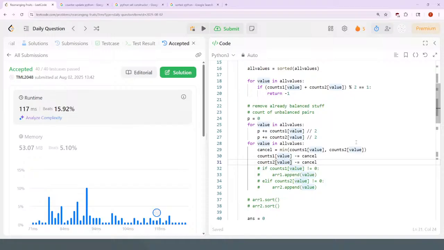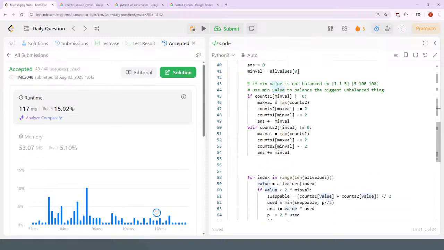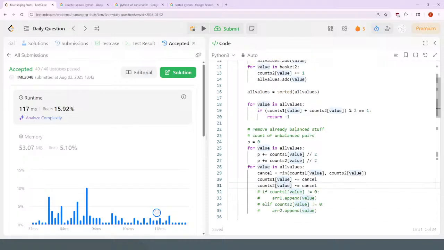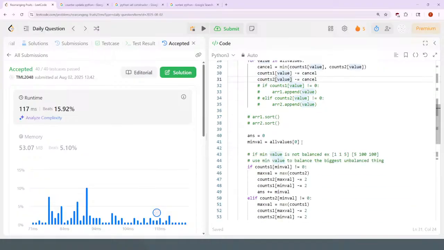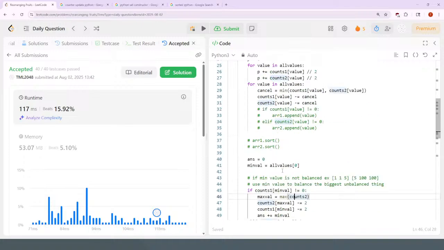I wonder if I can do this in one pass actually. No, I guess I need to do this thing right here first before I do the second pass of it. Okay. Do I need to modify it though? Could I do this calculation before doing the counts calculation or doing the cancellation?